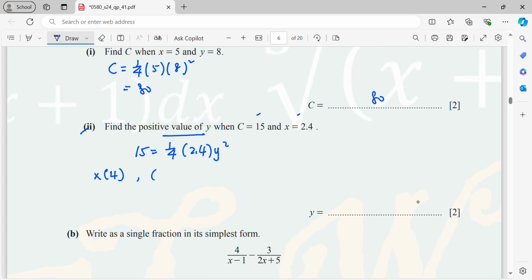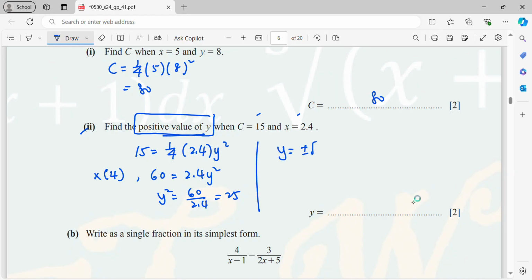So 60 equals 2.4 y squared. Now your y squared is 60 over 2.4, which is going to be 25. And now you need to calculate positive y. Supposedly your y is plus minus square root 25, that will be plus minus 5. But since your y is positive, we will just take 5. That is the solution of part 2.